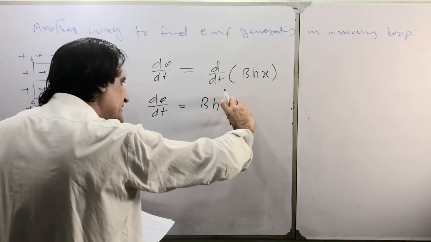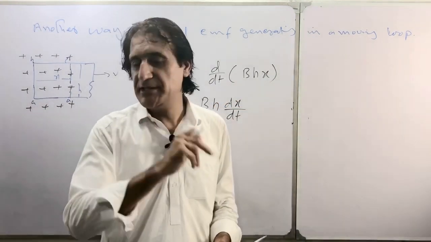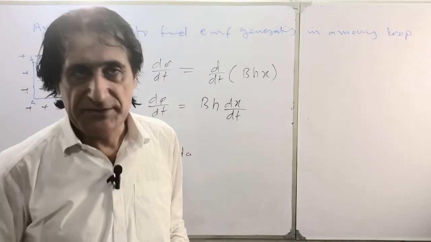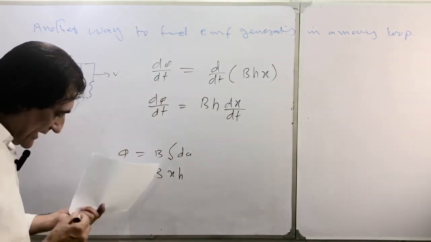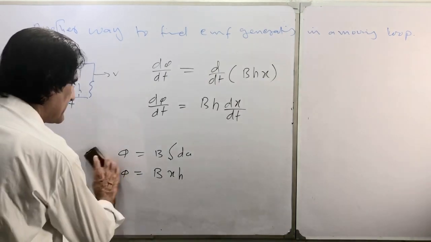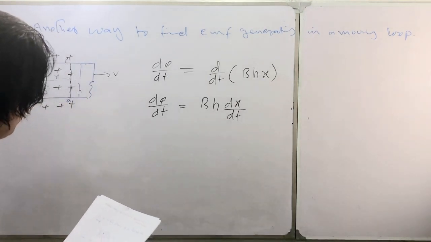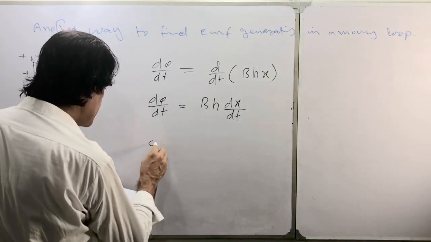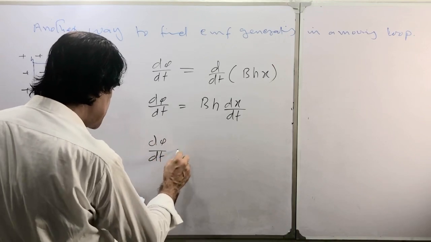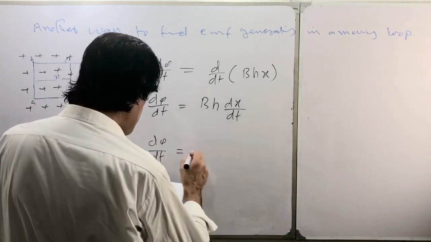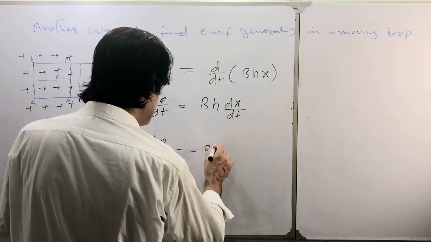And what is dx by dt? This is the velocity. So d phi by dt equals minus BHv.